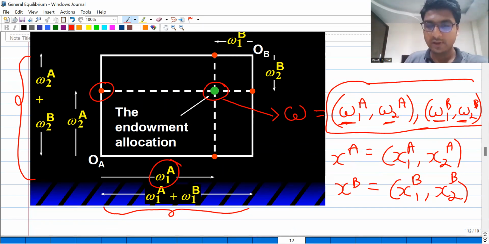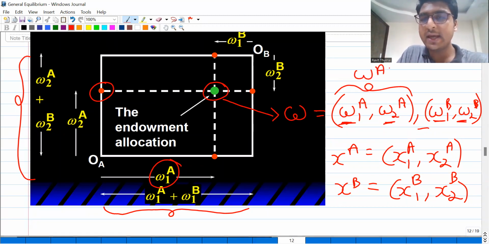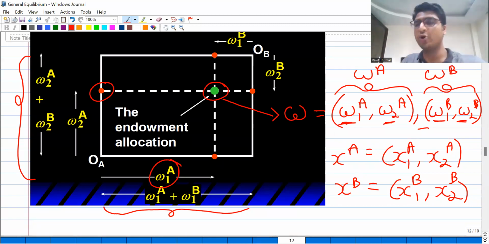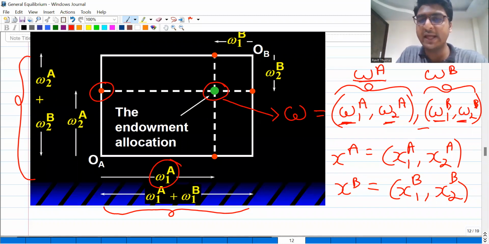Okay. So that's how the symbols work. So you can call this thing omega A and you can call this thing omega B. So omega B का क्या बता रहा है कि इंडिविजुअल B की एंडाउमेंट्स क्या है of good 1 and good 2. And similarly omega A is telling you what are the endowments of consumer A of good 1 and good 2.